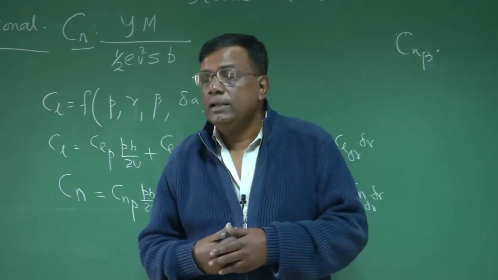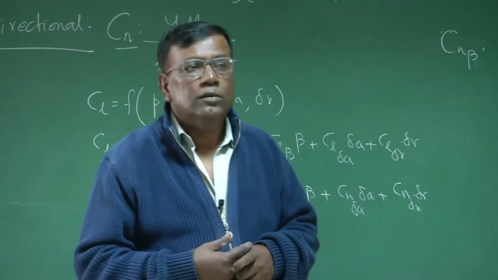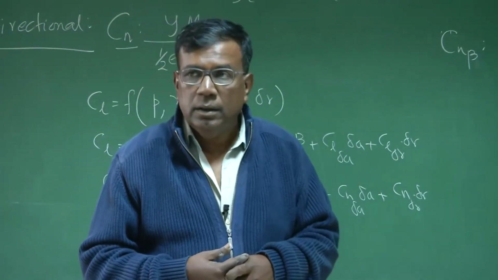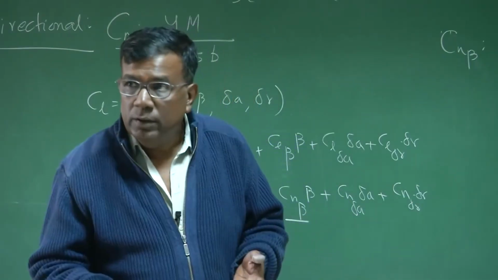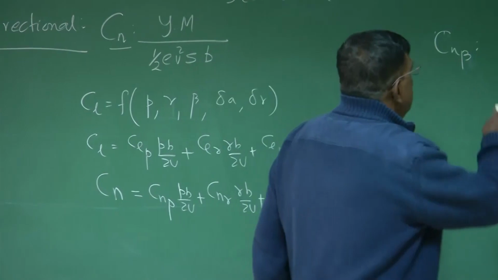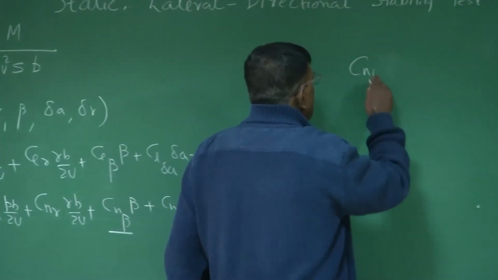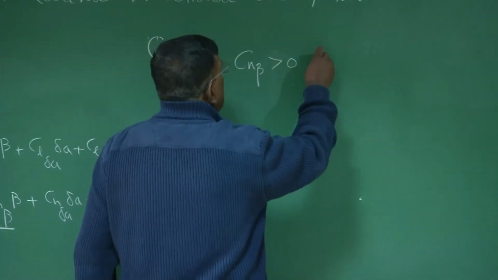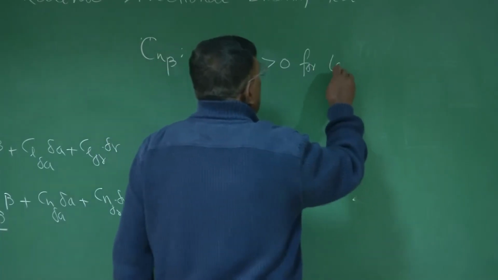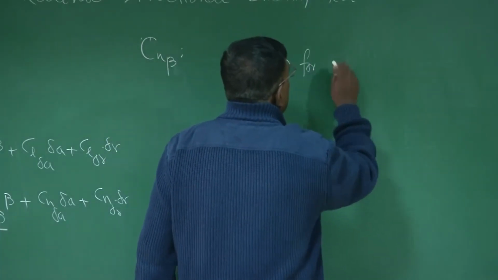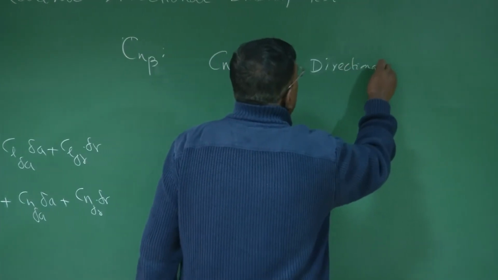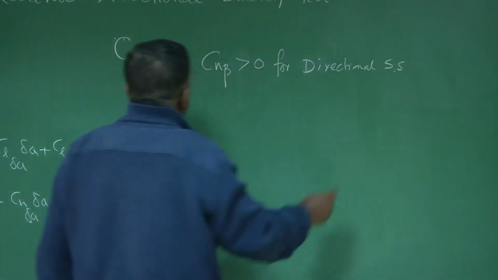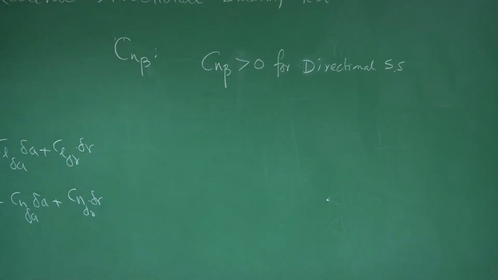So what is the condition for the directional case to be stable statically? Cn beta should be greater than 0, right? The condition is Cn beta should be greater than 0 for directional static stability.